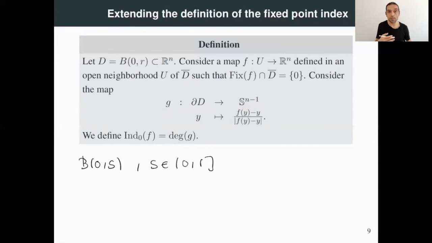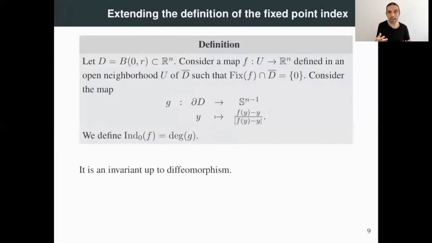Up to an obvious normalization, because the domains of definition are not the same, all these maps are homotopic, and so the definition of the index does not depend on the ball.